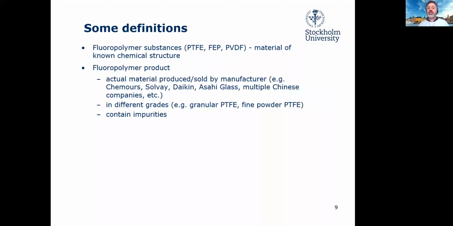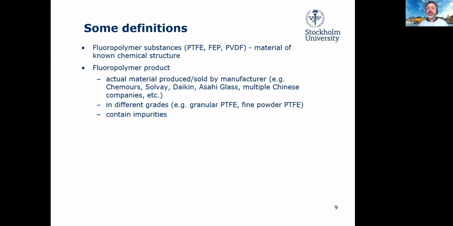And they produce them in different grades. So depending on your application, you can get a different grade of PTFE. You can have a granular PTFE, or you can have a fine powder PTFE, and they're used for different applications. And they also contain impurities. So they're not just pure substances, these products.